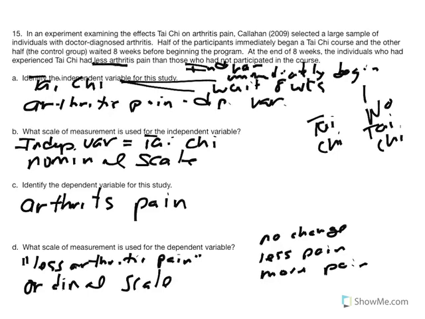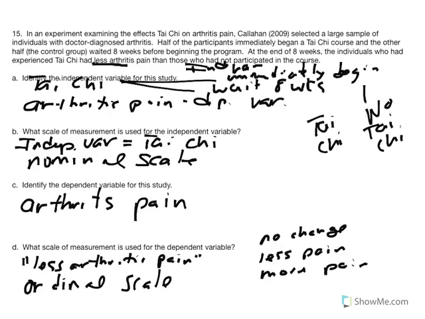So they had 3 episodes less than the other group, or something of that nature. In that case, we would be talking about a ratio scale of measurement, or if someone were to say they had 0 episodes of arthritis pain.